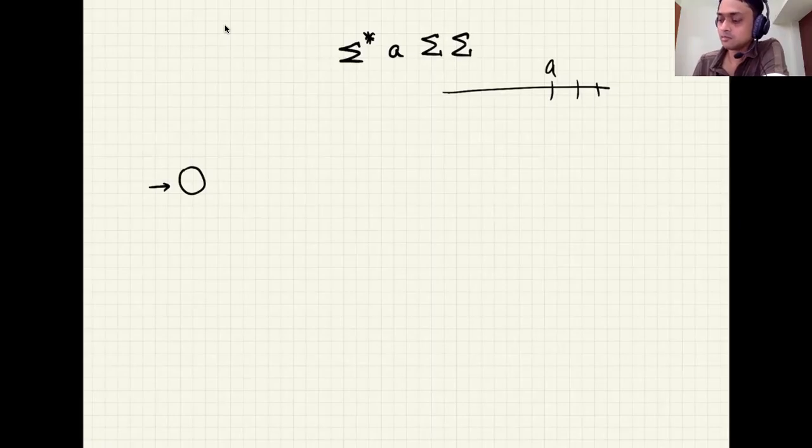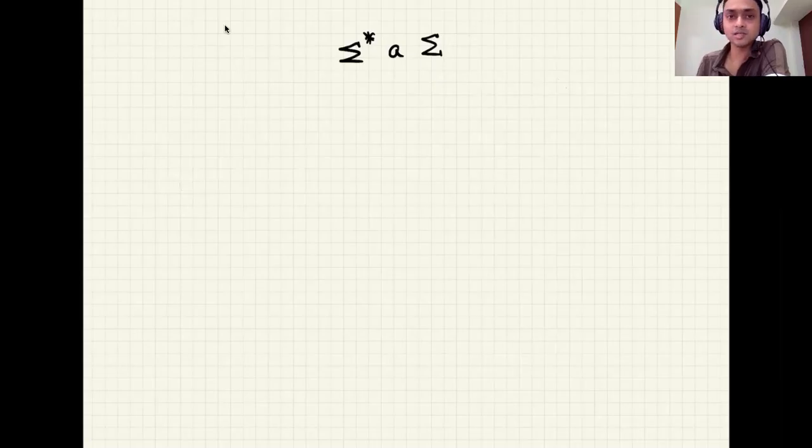So let's start with a slightly simpler one, which is, let's try sigma star A sigma. So suppose I see an A from my initial state.